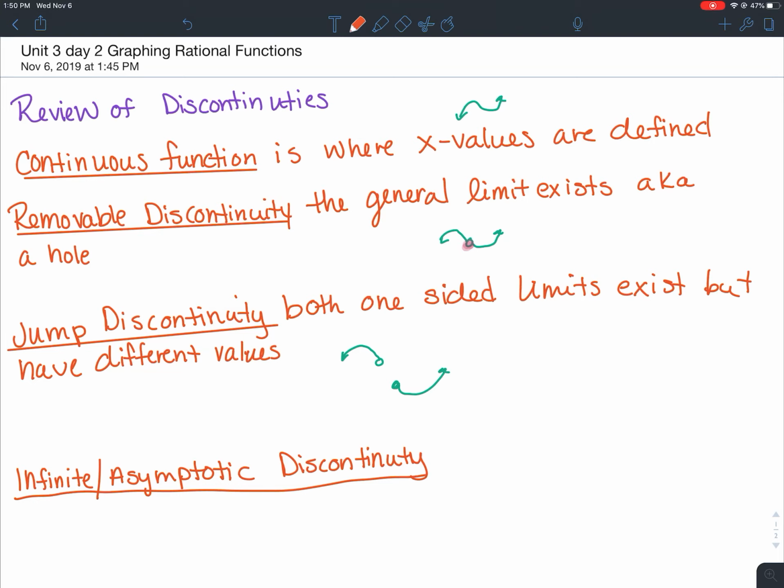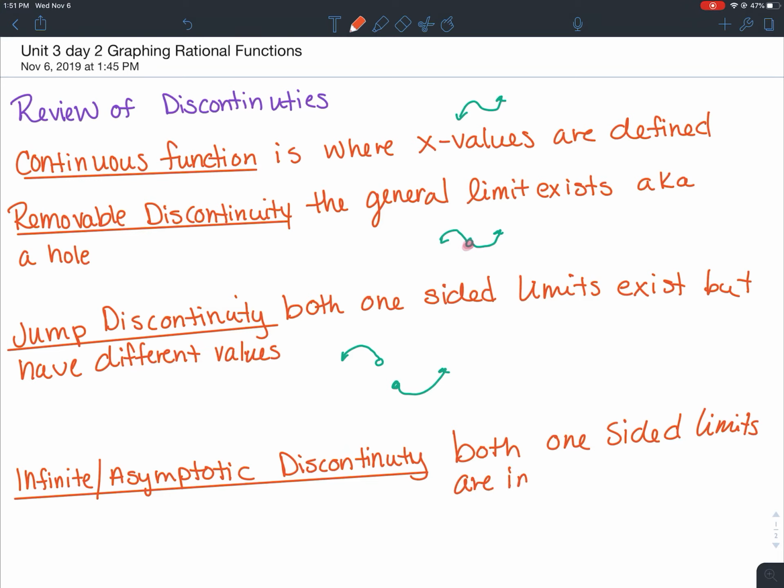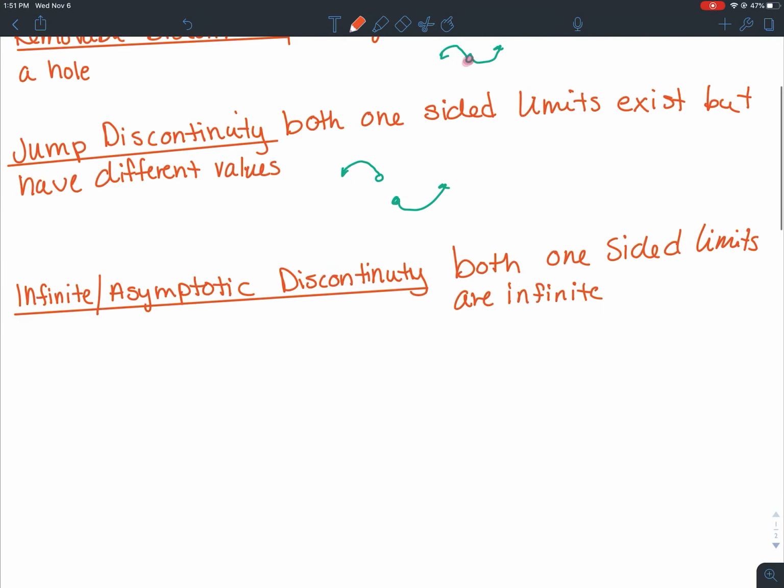Okay, so an infinite discontinuity is where both one-sided limits are infinite. So they're both going to infinity, whether it's positive infinity or negative infinity or whatever.